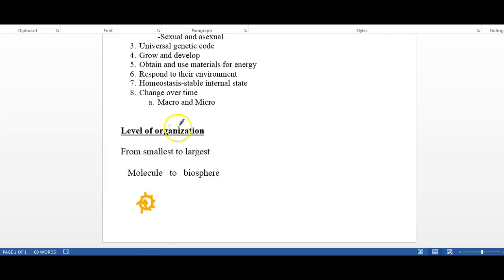So we're going to talk about this level of organization as we go through. But really we're talking about a cell to the biosphere. And in between we have tissue, then organs and organ systems and so on. That's the level of organization that I'm talking about.